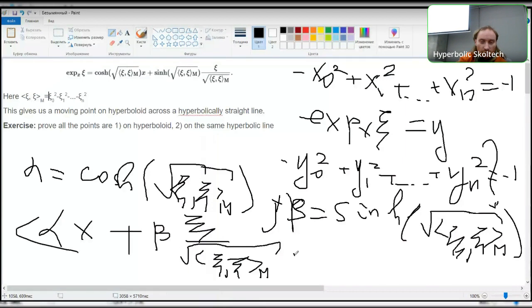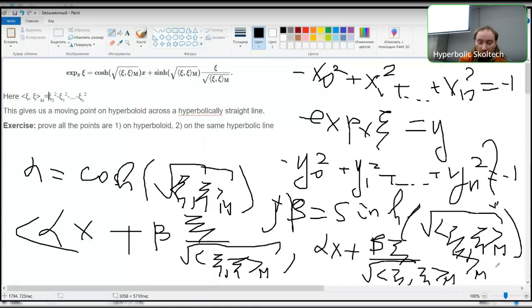What we should do is check that the Minkowski scalar square of this thing equals what?